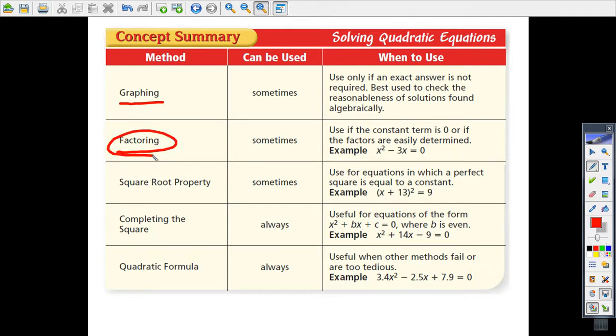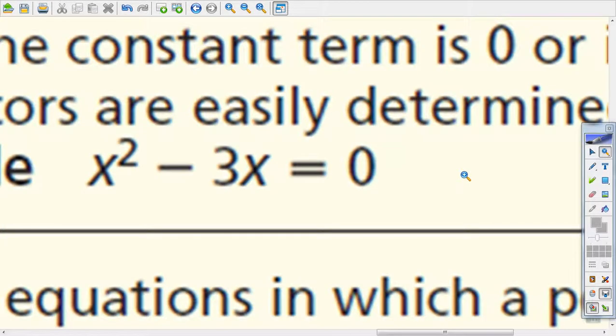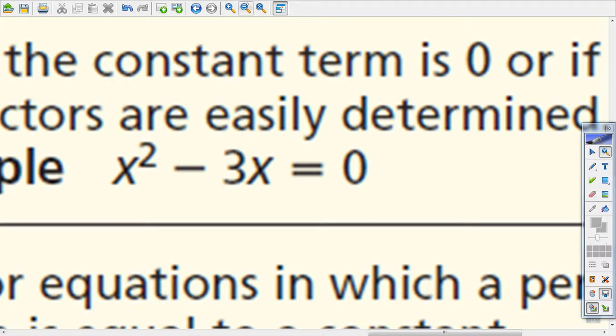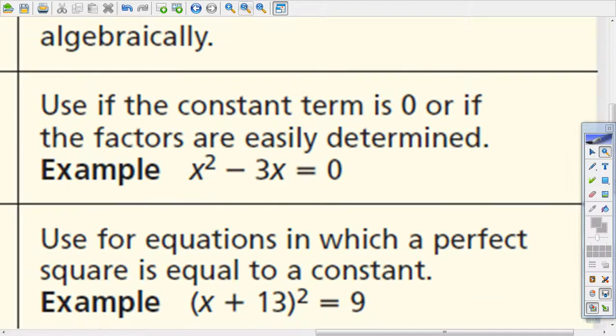Factoring works well if you have something like x squared minus 3x equals 0. Because if I have x squared minus 3x equals 0, I could factor out an x, and that would give me my zeros very quickly. Could you solve x squared minus 3x equals 0 using the quadratic formula? Well, you could. Would you want to? No, because you would probably be wasting some time.